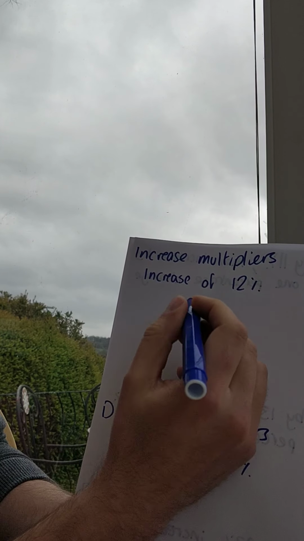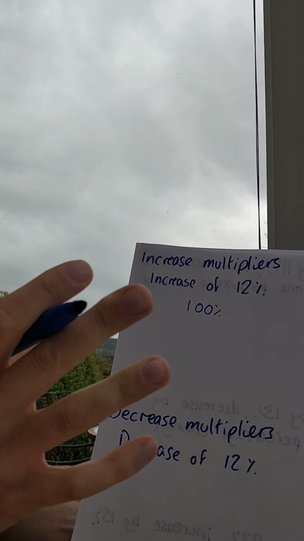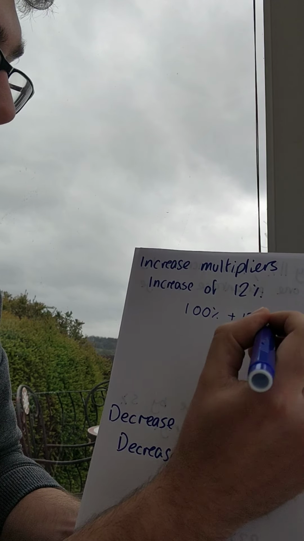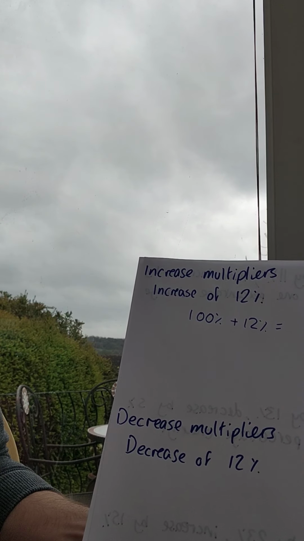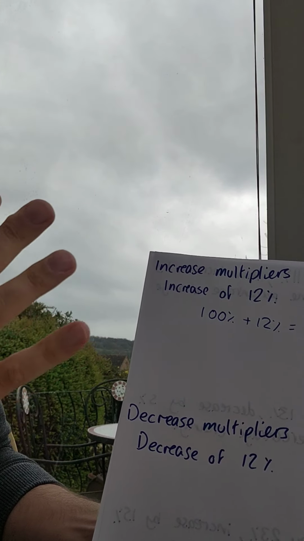What you do for that is you're increasing a value, 100% of that value, by 12%. So 100% add 12%, you're trying to find basically 112% of that value.